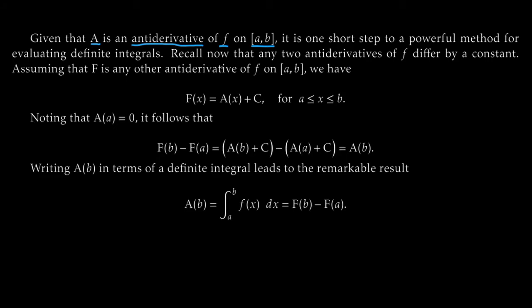Remember from the earlier stuff we were doing, recall any two antiderivatives of f differ by, at most, a constant. So, if big F is any other antiderivative of little f on the closed interval from a to b, then big F is just the area function plus a constant for all the x's between a and b.